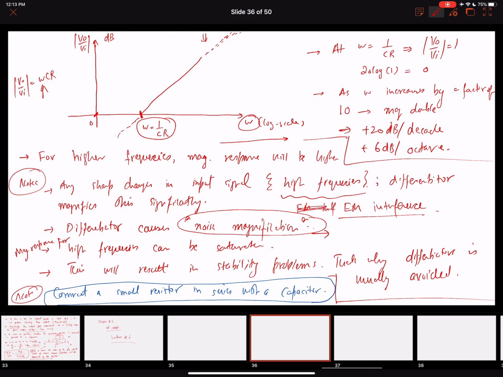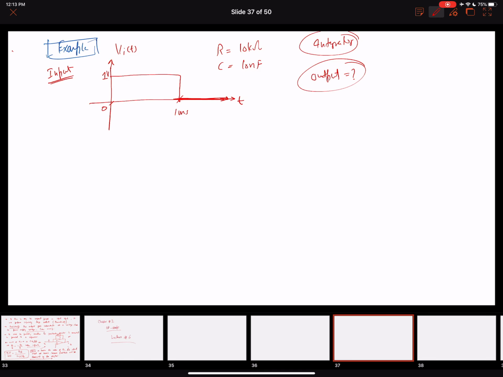Another thing given in this example is that we can assume the initial capacitor voltage to be negligibly small and can be ignored. If that is true, then V naught of t is equal to minus 1 over RC, integral from 0 to t, Vi of t dt.